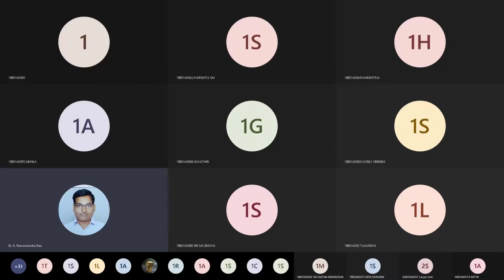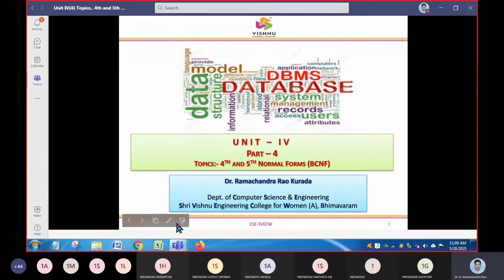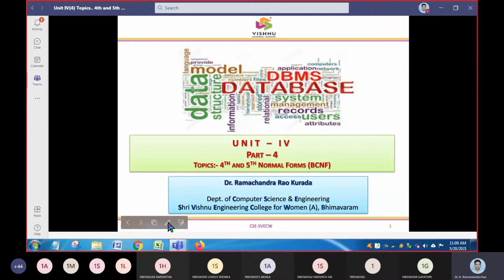The fourth normal form and fifth normal form. This was the primary intention towards taking up this topic.